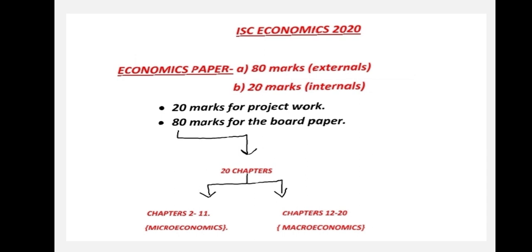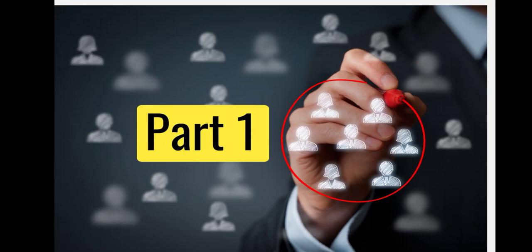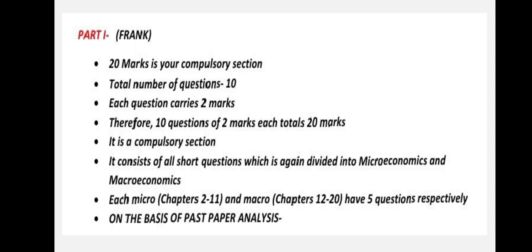Moving further, we have the first part, which is your compulsory section, and it consists of 10 questions, each carrying 2 marks, which makes your total 20 marks. It is a compulsory section, that means you get no choice of leaving any questions here.